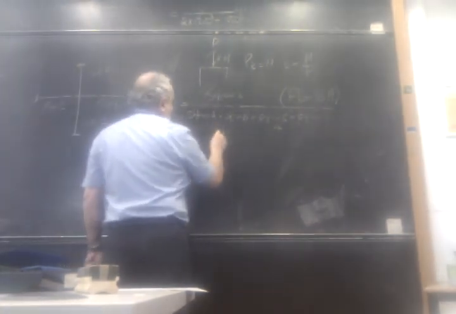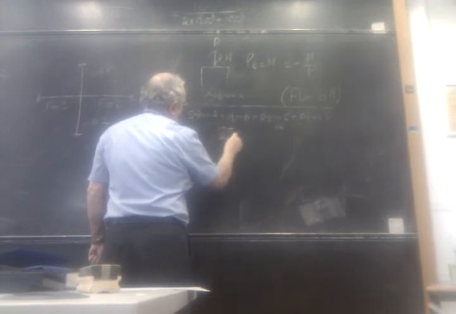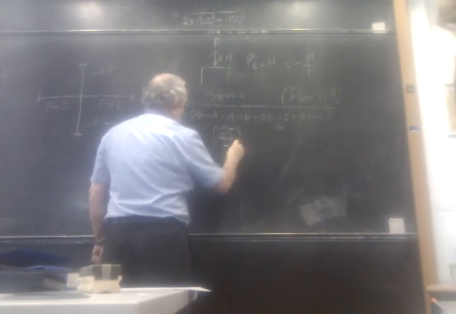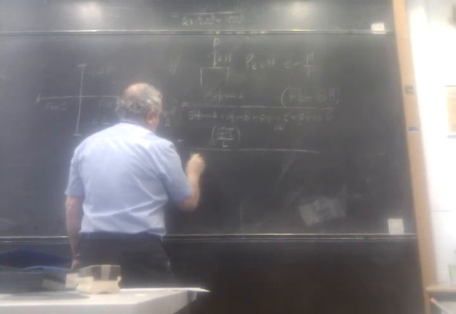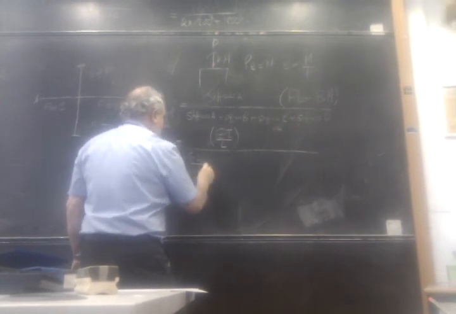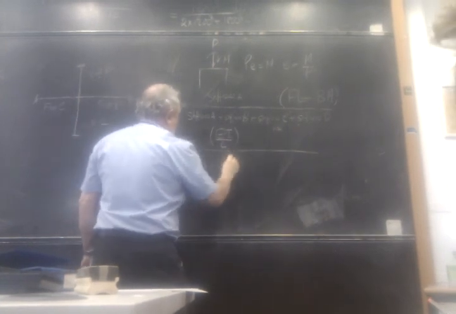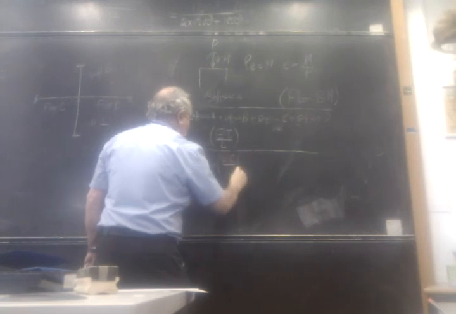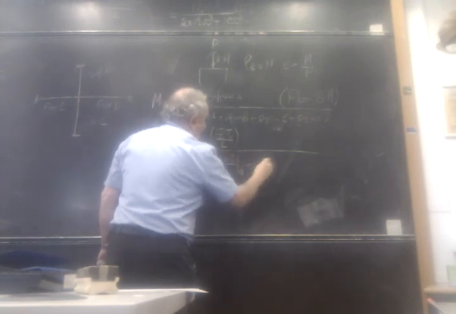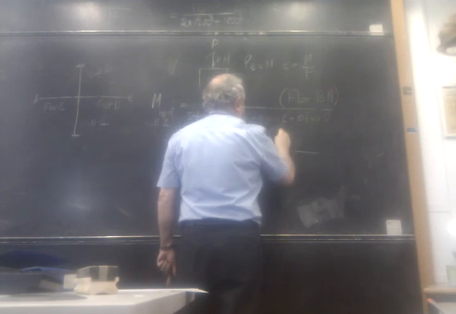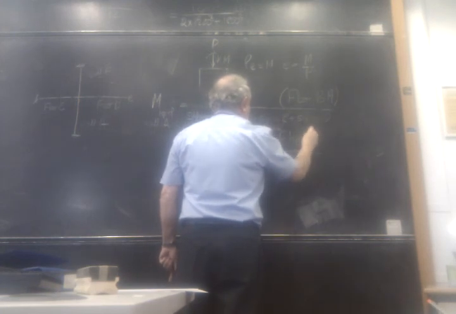The stiffness of wall A is just EI over L for wall A, divided by EI over L for A plus EI over L for B plus and so on, all times the floor moment.